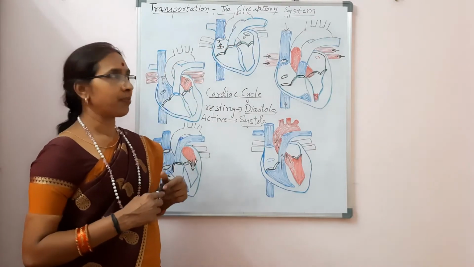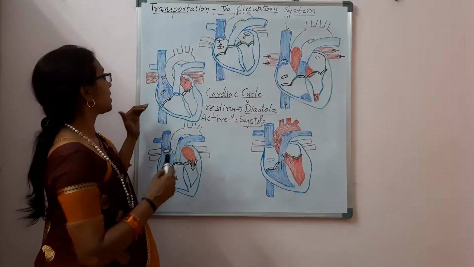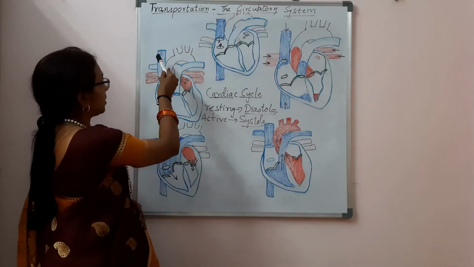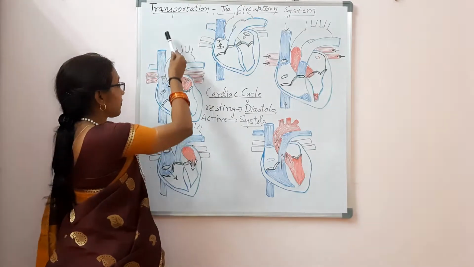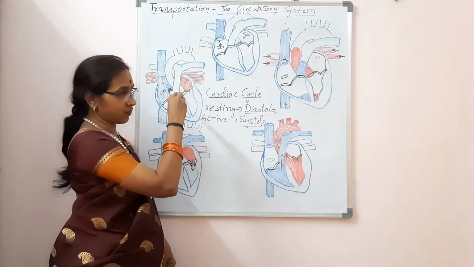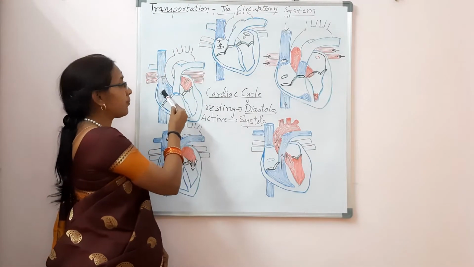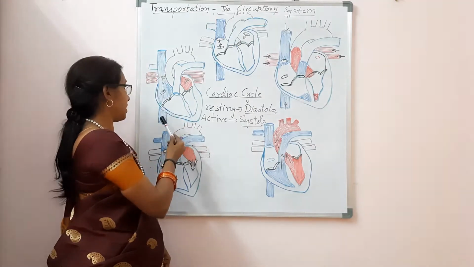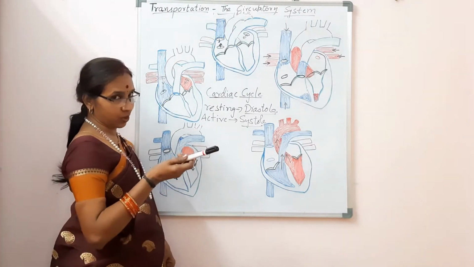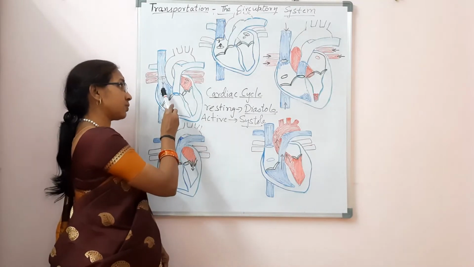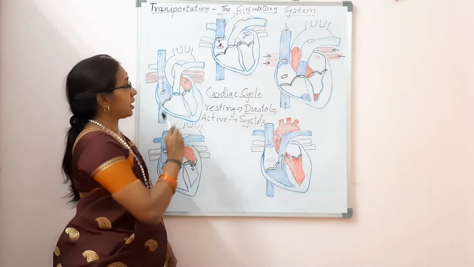Imagine that the heart is in a complete rest state, which is the diastolic stage. Now, in the first stage, the impure blood from the superior vena cava, that is from the upper parts of the body, pours into the right atria, and the inferior vena cava brings the deoxygenated blood from the lower parts of the body and pours into the right atria.